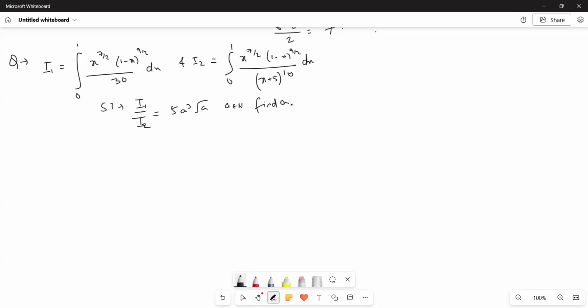Find a. If I1 by I2 can be expressed as 5a cube by root a, find a.